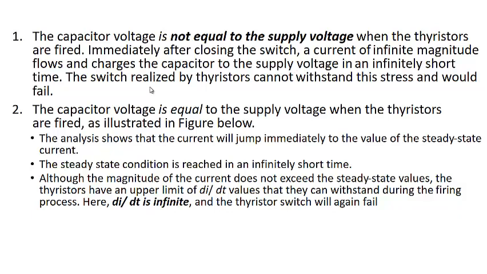So in this case, the supply voltage will try to charge the capacitor to the supply voltage instantaneously, and by doing so, it will draw an infinite current in an infinitely short time. It is because the circuit does not contain any resistance, so the time constant RC, since R is 0, will be 0. So it will draw infinite current.